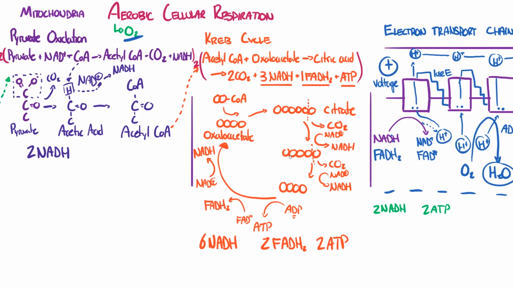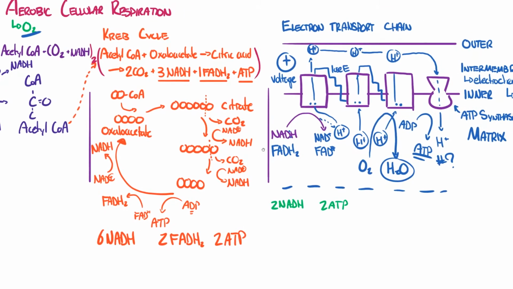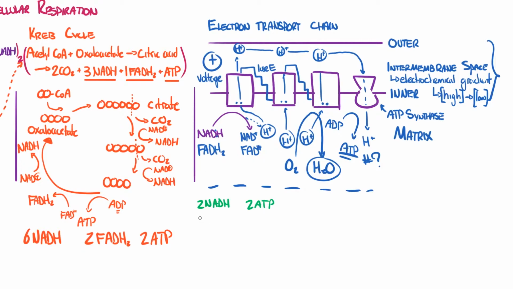Over here, from pyruvate oxidation, we didn't make any ATP molecules per se, but we made 2 NADH. Okay, if we look at the Krebs cycle, the citric acid cycle, we made 6 NADH, 2 ATP, and 2 FADH2.